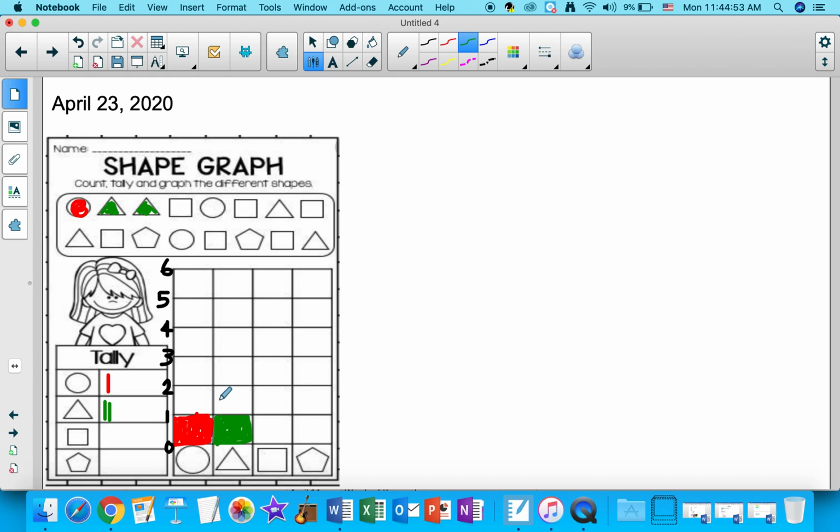And I'm coloring in this space because all of these boxes here in this vertical line is for triangles. Okay, so my second box gets colored in. And try your best to not leave any white space.